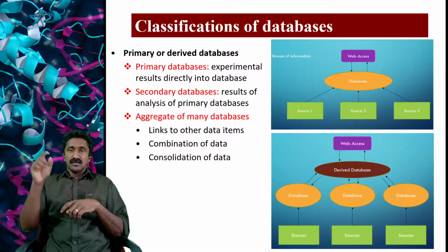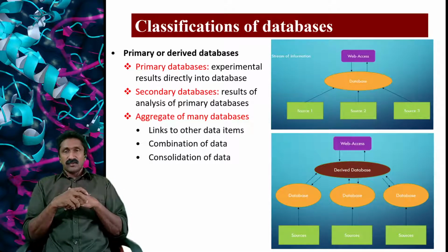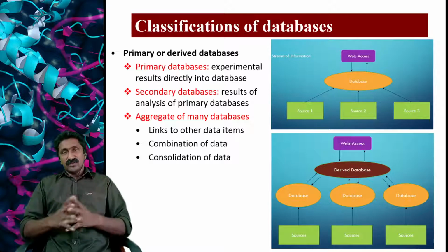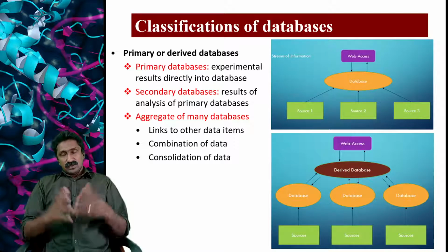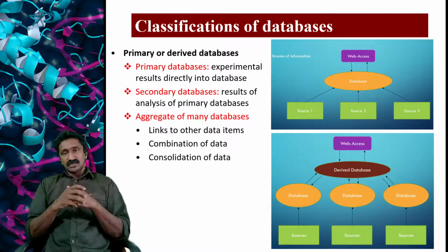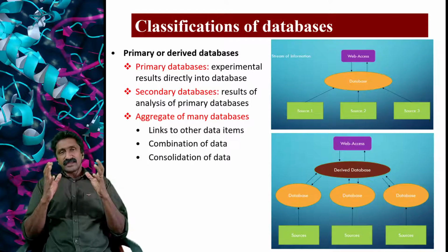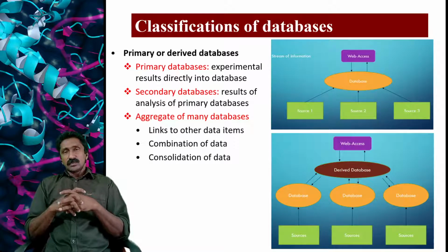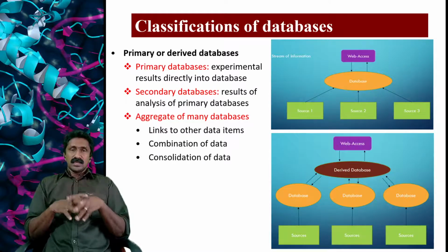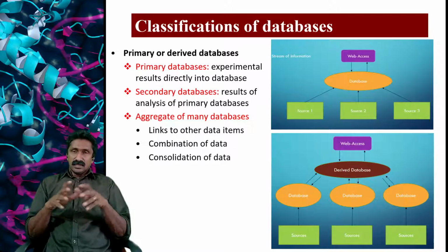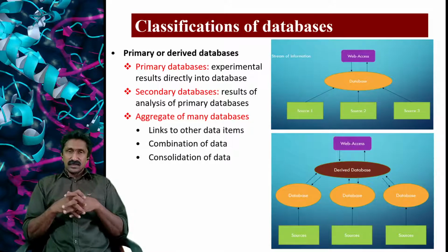Everything will be listed with its own total number of entries present. So you will get a list of all the databases where that search term is present. Such data aggregation or consolidation is possible by aggregate database services. We have some examples that we will discuss later.